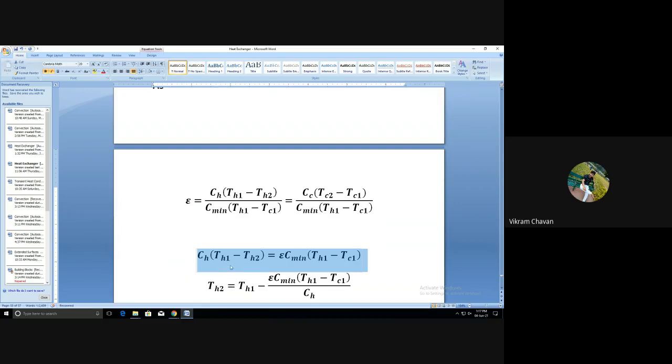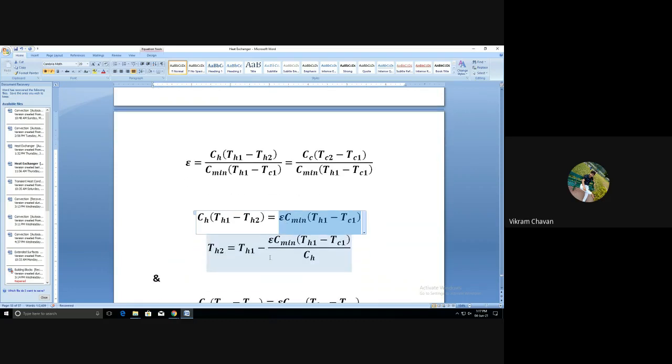If you shift Ch to this side, it will be on the denominator, and if you shift Th1 to this side, the signs will change, and we will get Th2 as Th1 minus effectiveness multiplied by Cmin inside bracket Th1 minus Tc1 whole divided by Ch.